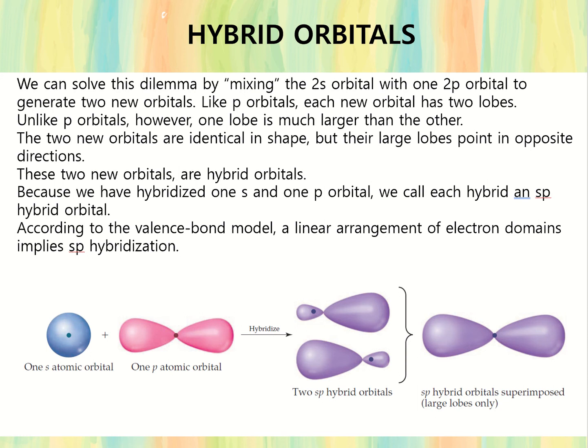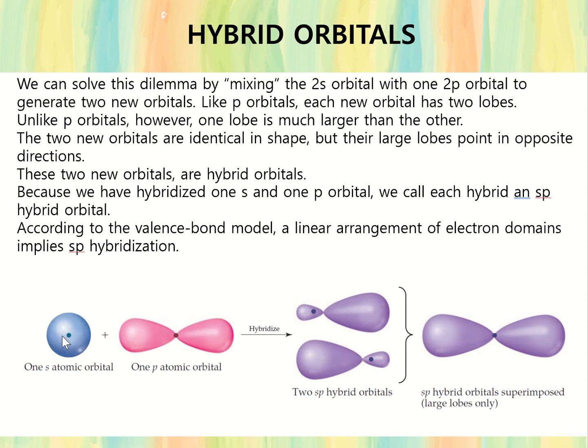So we can solve this dilemma by mixing the 2s orbital with one of the 2p orbitals to generate 2 new orbitals. Like p orbitals, each new orbital has 2 lobes.